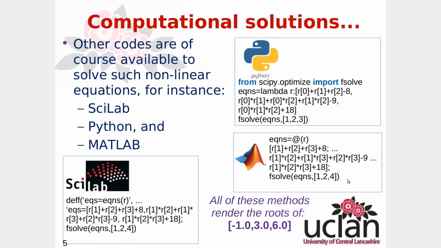All of these methods, when used, will render -1, 3 and 6 respectively. So it's just a matter of copy and pasting those into the required codes, and we'll do this when we look in more detail in the workshop sessions.